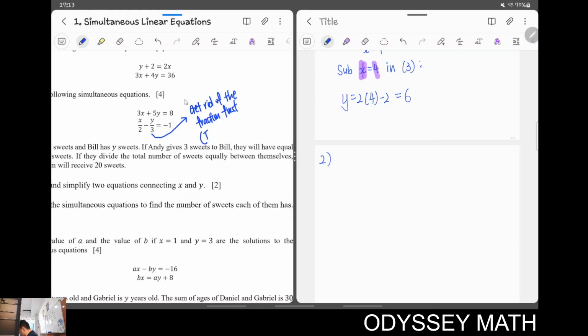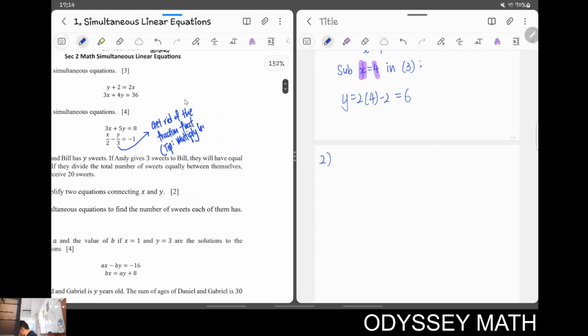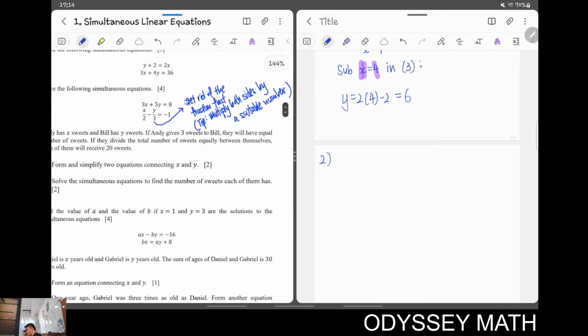Multiply both sides by a suitable number. So that is the tip that I will give.